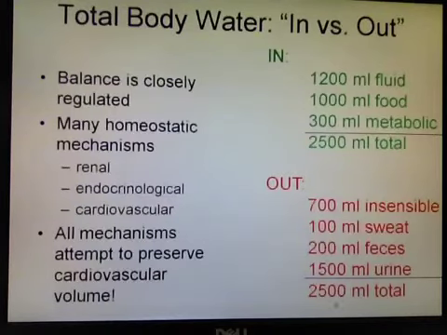If you add these up, this is a total of 2,500 milliliters total loss from the system. So in this pretend scenario, 2,500 milliliters of total water into the system and 2,500 milliliters of water out of the system, this individual would necessarily be referred to as being in water balance, because water in and water out are identical.